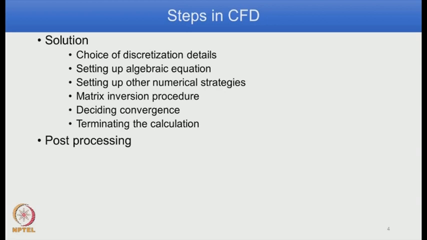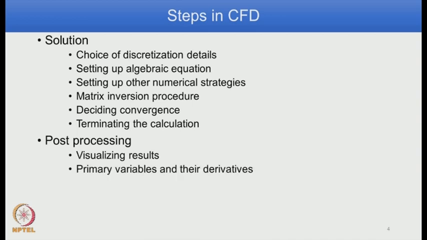So, once we obtain the solution, then what are we looking for? It is post processing. You can visualize the results, you can visualize or plot only the primary variables. If you are solving for velocity, u, v, w are the primary variables. You can also plot the derivatives.